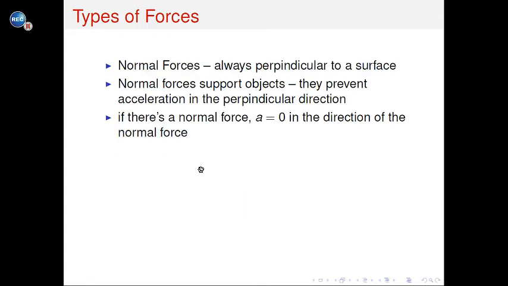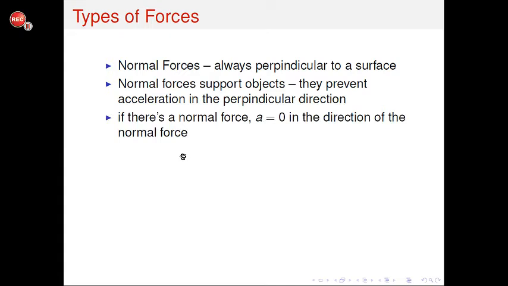All right. So in the lab activity, we introduced the idea of normal forces, and that gave a little concern, and I'm going to go over that in a video. But the idea of normal forces is that they are always perpendicular to some surface.